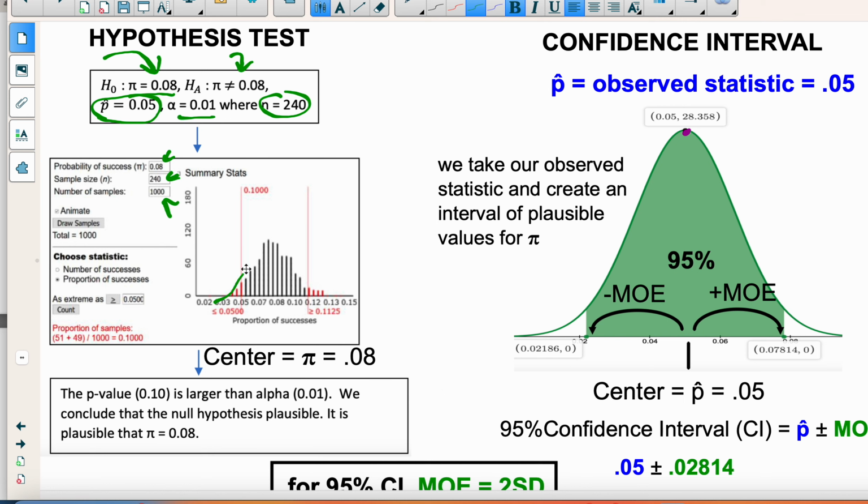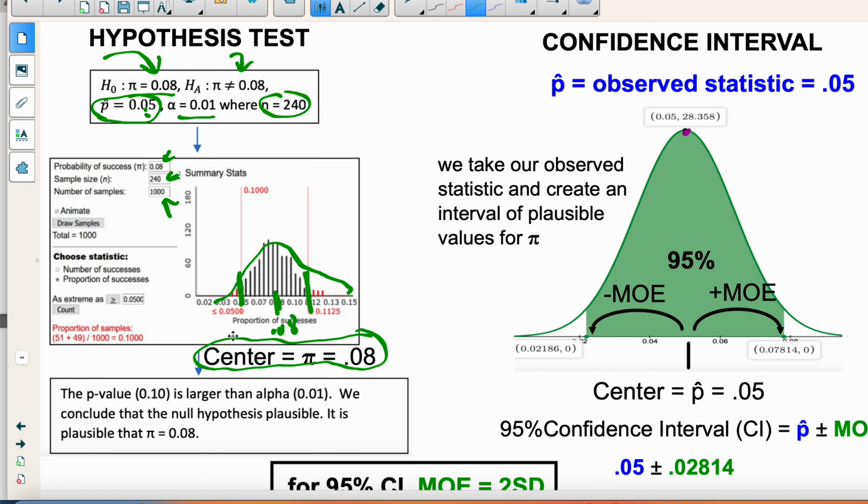It creates this distribution. The center of that distribution is at my assumption for the hypothesis, pi equals 0.08. But my p hat is 0.05 right here, and because it's a two-sided test, up here.